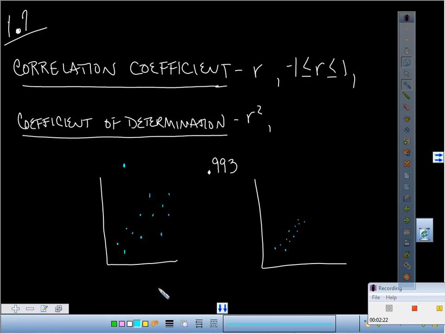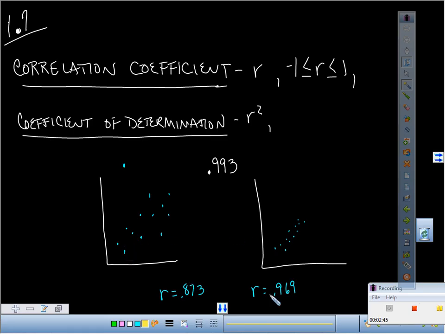One of them has an R that is .873. One of them has an R that is .969. First of all, they both have what kind of correlation?